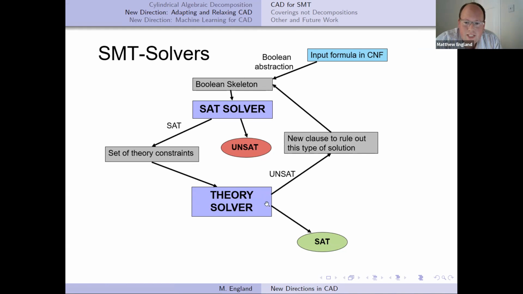And then we want to try and see if those polynomial constraints can be satisfied or not. If they can, we've got a solution to our problem. If they can't, we need to rule out that solution and hopefully lots of other solutions that are similar to it by generating a new clause to feed into the SAT solver. And this goes around in a loop till hopefully you find a solution, or if there is no solution to your problem, eventually you'll generate enough clauses that the SAT solver cannot propose any new solutions to the logic, and the SAT solver will tell you it's unsat.